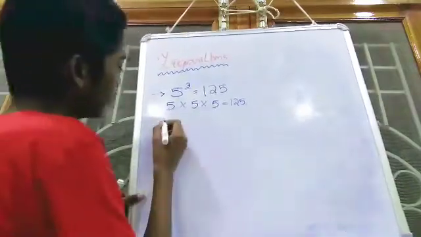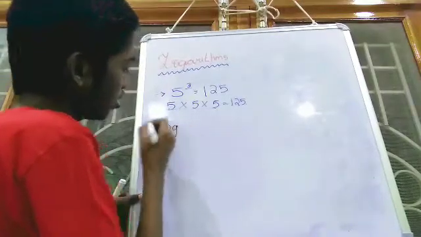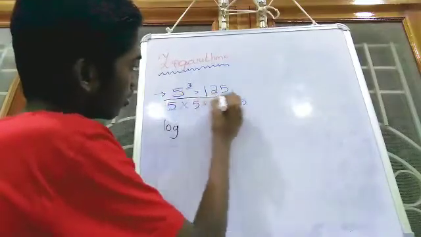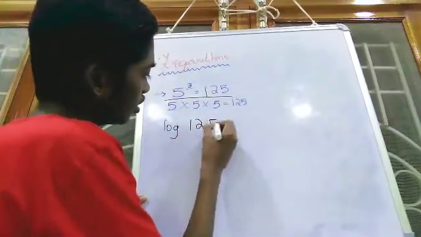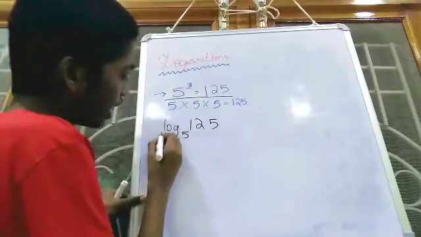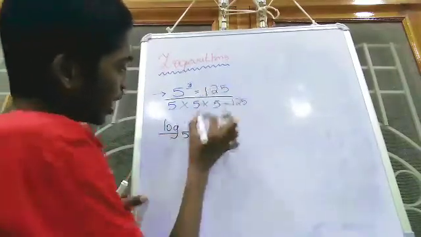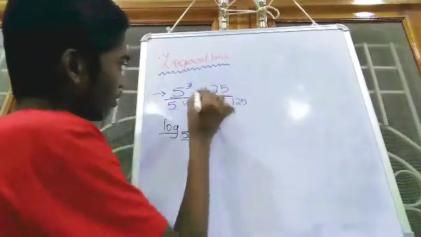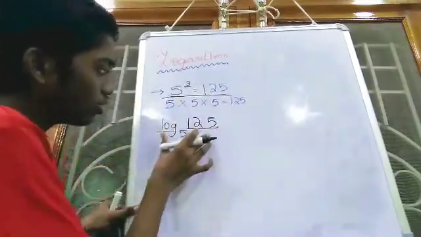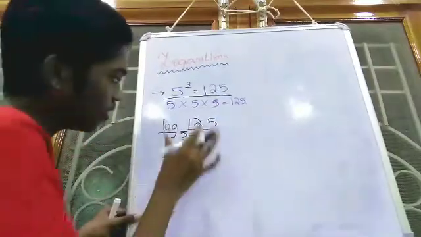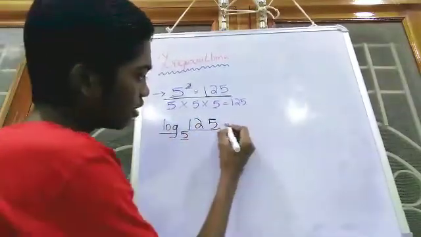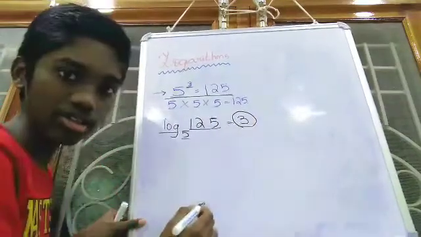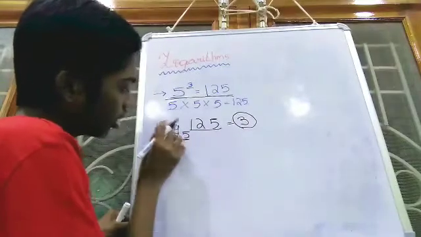How to express it? First you write the log as it is. After writing the log, then we have to write 125 to the base 5. Next we are writing the result, to the base 5. Here the base is 5, the result is 125 and the power is 3. In the exam, if they ask a question like this, then simply we can write the answer as 3. Means the power will come as the answer.